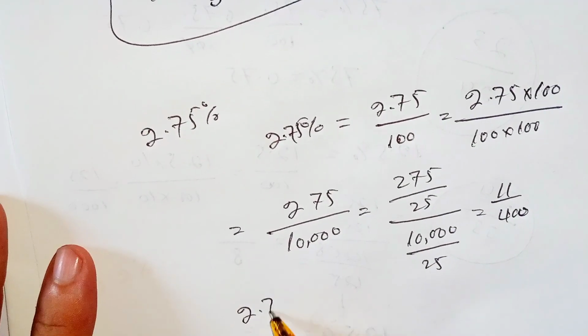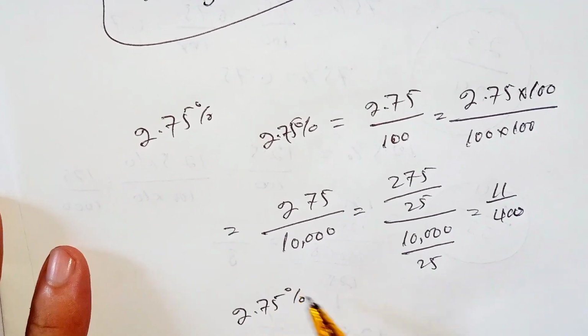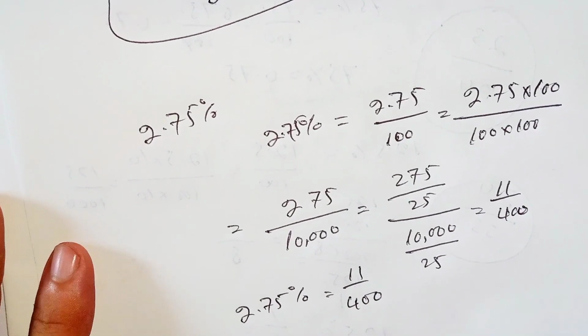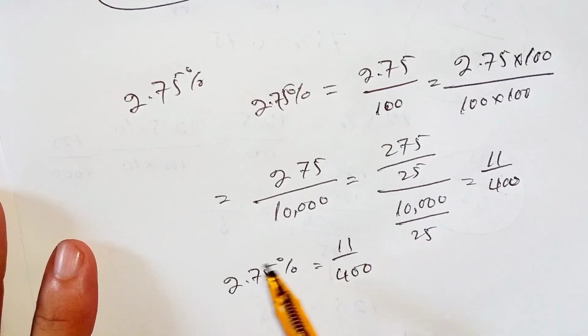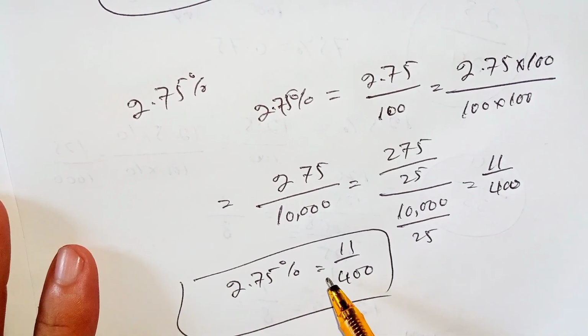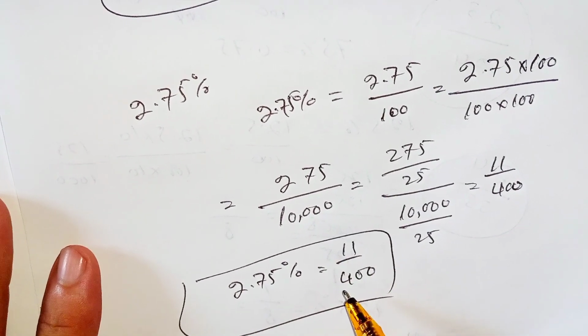So 2.75% is equal to 11 over 400. That is the final answer: 2.75% is equal to 11 over 400.